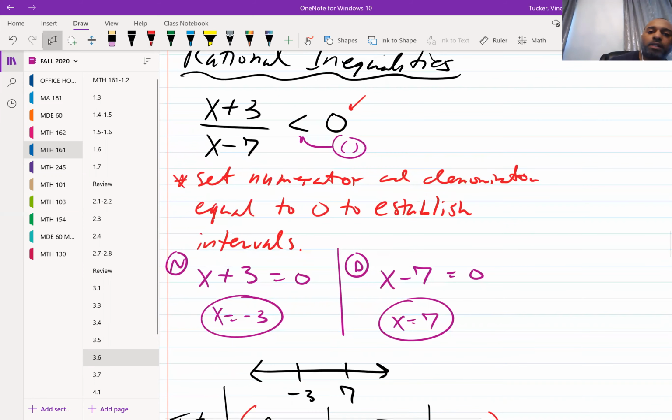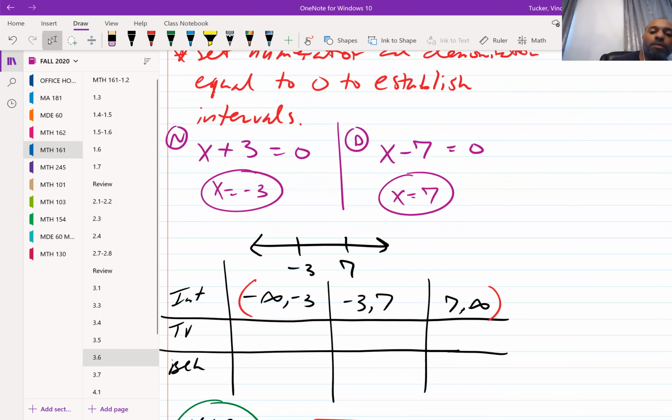And we have the less than symbol with no or equal to, so that means we'll use parentheses on the negative 3 and the 7. All right, test values: negative 4, 0, and 8.